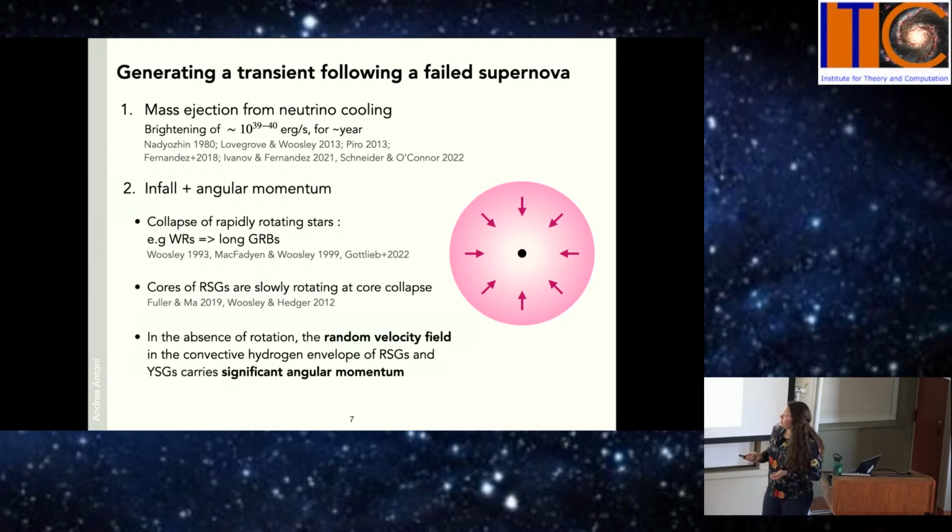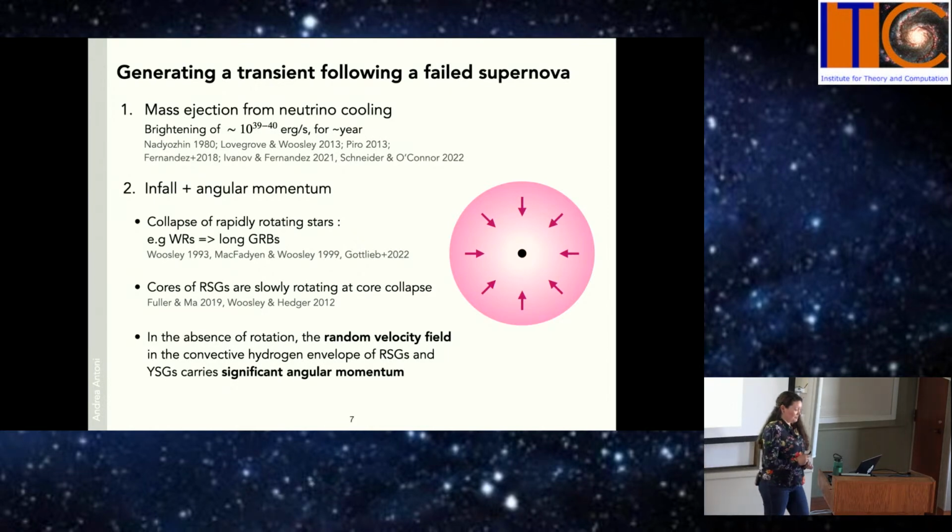In fact, even in the absence of net angular momentum, rapid rotation, the random velocity field in the hydrogen envelope alone, in this convective envelope, actually carries significant angular momentum and quite easily and naturally produces an explosion. Okay, this is weird, right? There's no net angular momentum, but then there's enough angular momentum to generate a transient.